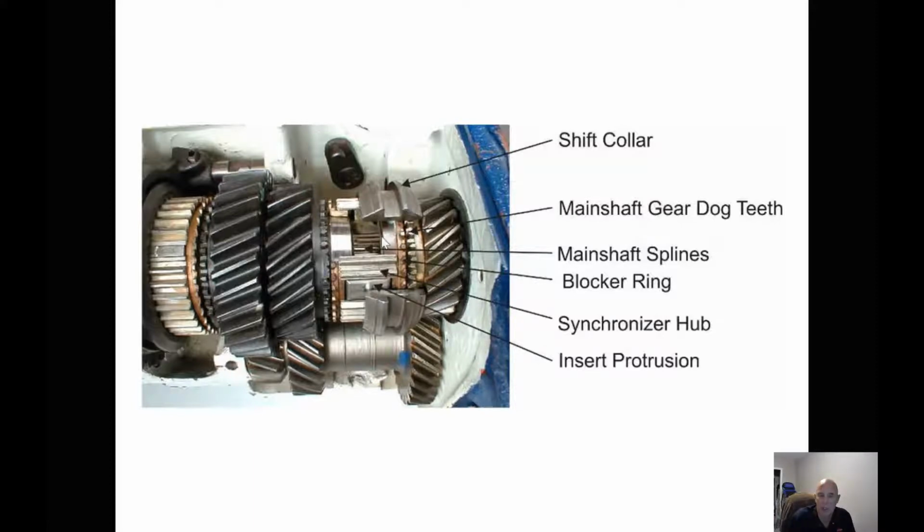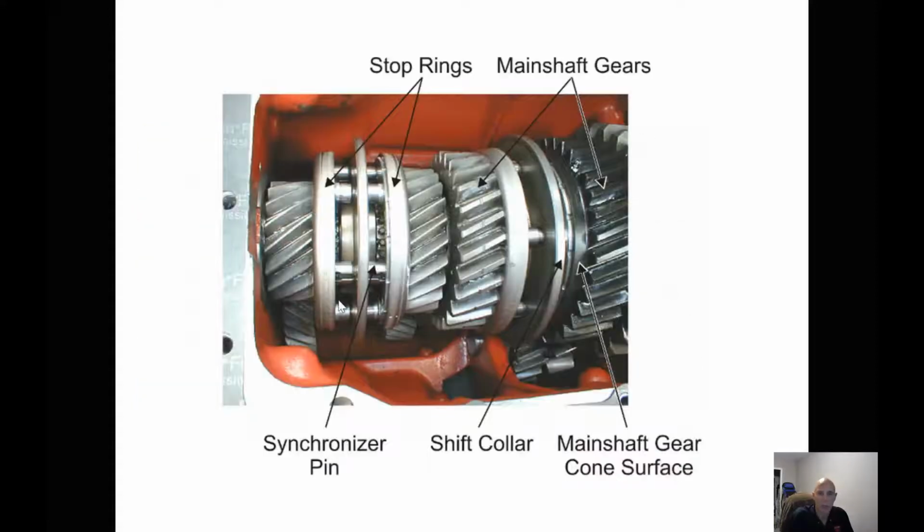So it's locking this, and again, remember, this is splined, the sliding collar splined to the main shaft. So any time that the main shaft is turning, these sliding collars will be. And it works the same when we're dealing with twin counter shafts. So this is just a different style setup that they have, but still it's a synchronizer.